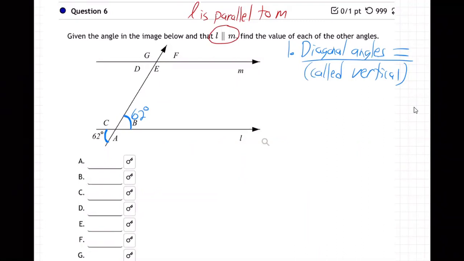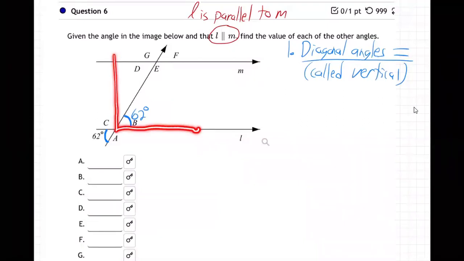Why? Because they are diagonally across from each other. It's called vertical, but I think they should have called it diagonal, but it wasn't up to me. They call those vertical angles, angles that are diagonally across from each other, and they've got to be the exact same thing. And it looks like it too, doesn't it? Doesn't it look like angle B is less than 90, for example?